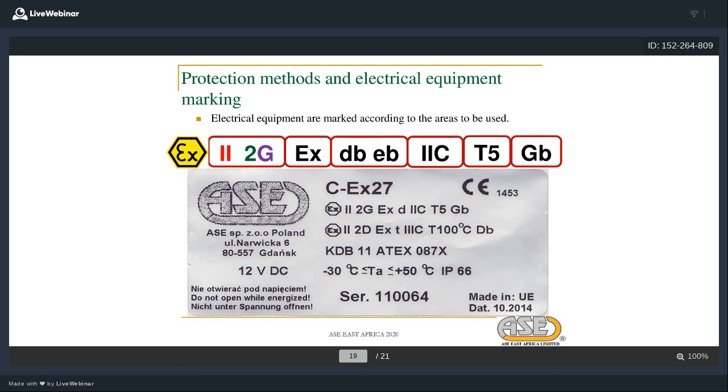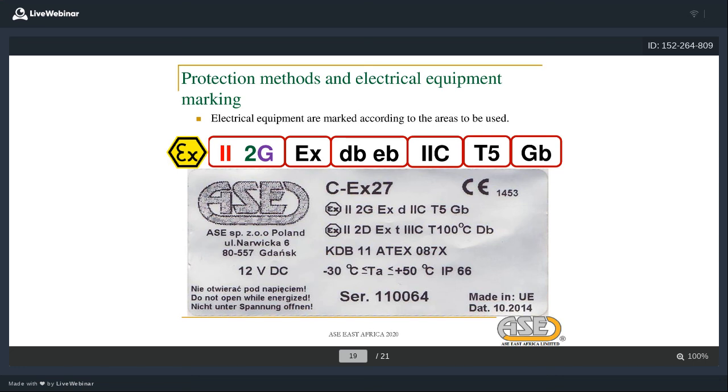This tells us that the equipment complies with European standard. We have here two. This two, Roman II, tells us that this equipment type or group is apparatus group 2.